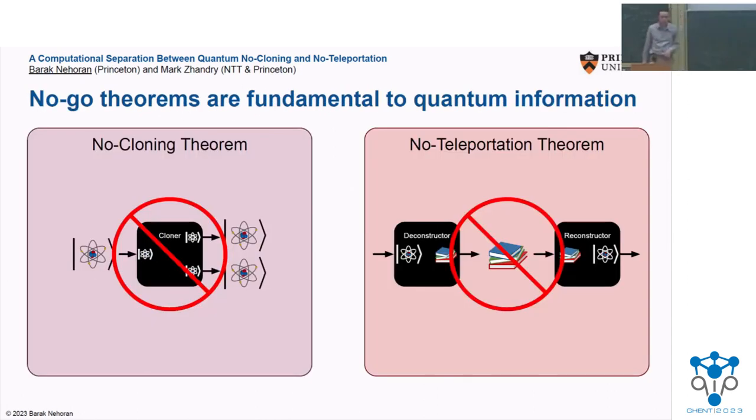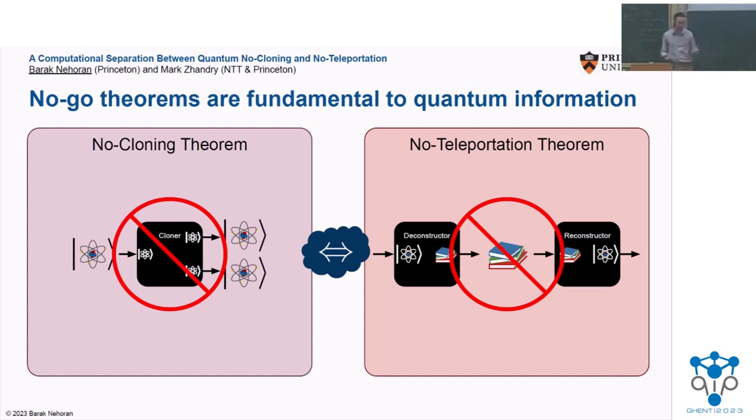So these two no-go theorems are really important, very fundamental to our understanding of quantum information, about what quantum information is and how we can use it. If you ask anybody and their grandma, they will tell you that these are equivalent.